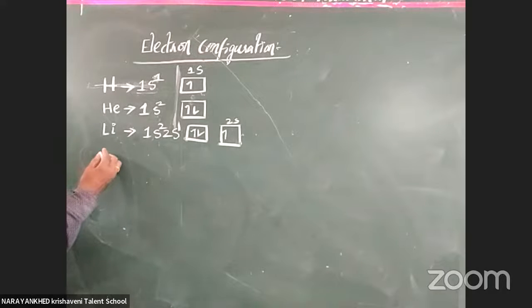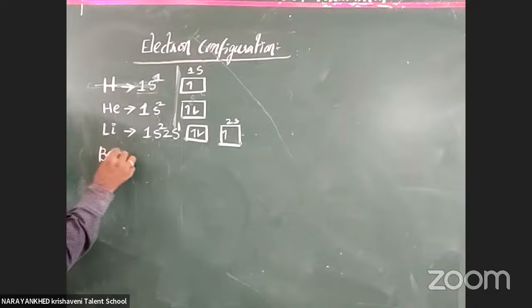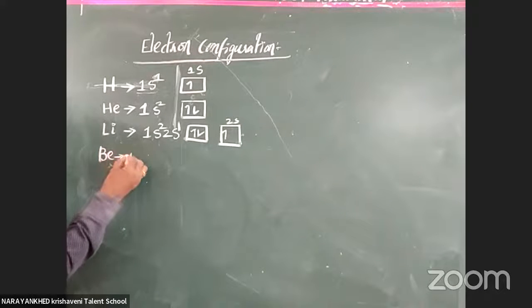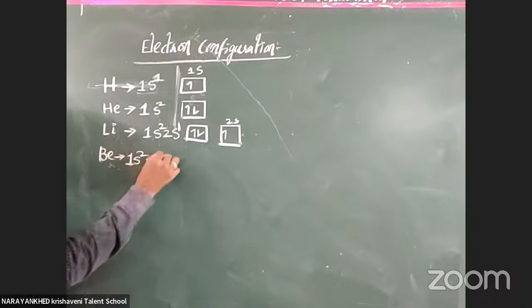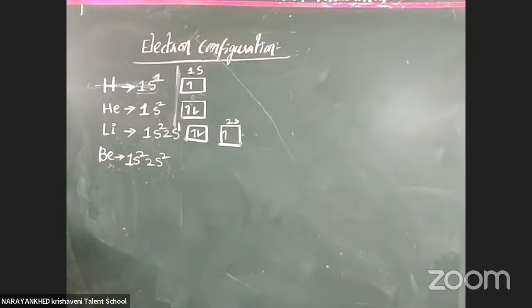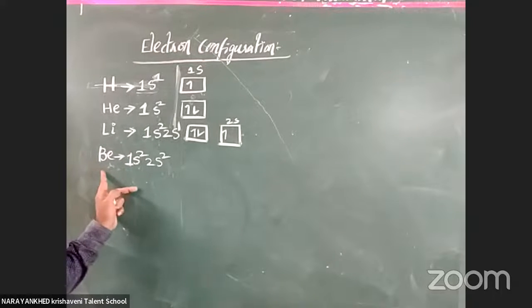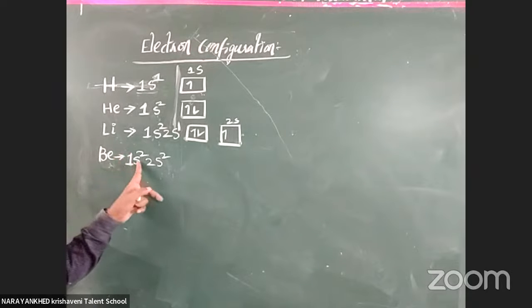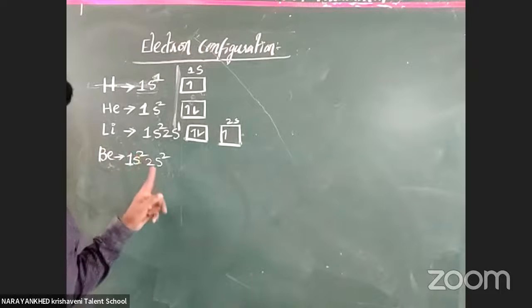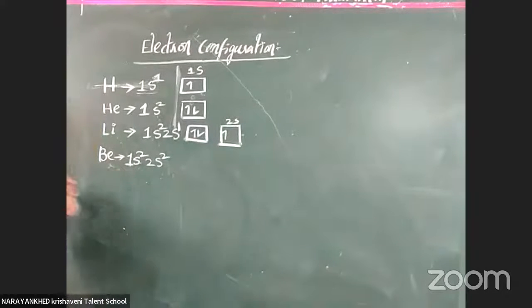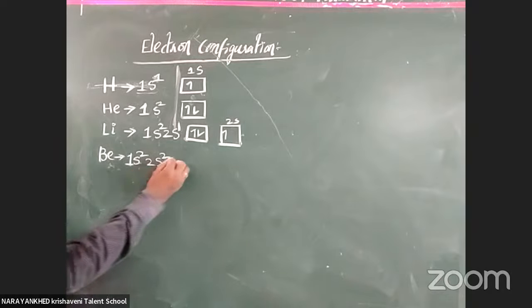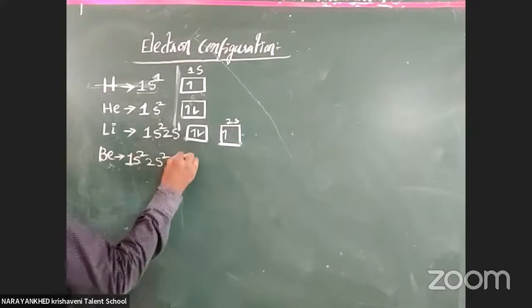Next, after lithium, we go with beryllium. 1s2, next 2s2. What is the atomic number of beryllium? 4. How many electrons are present? 4. The 4 electrons are distributed in the 2s orbital as well as the 1s orbital.